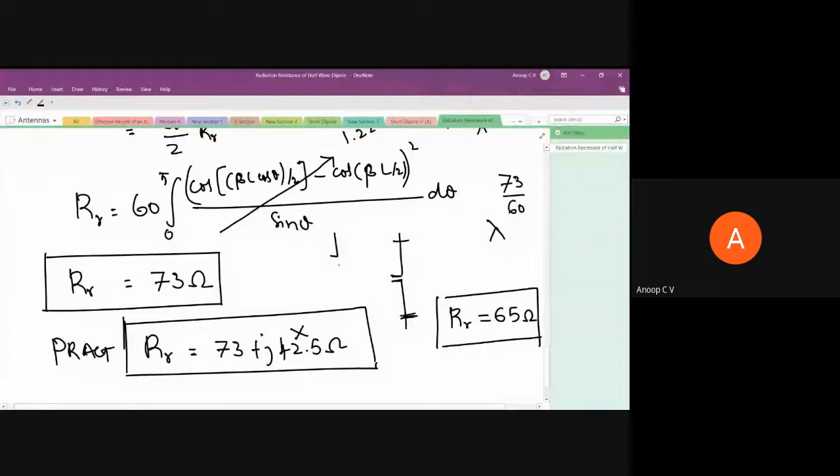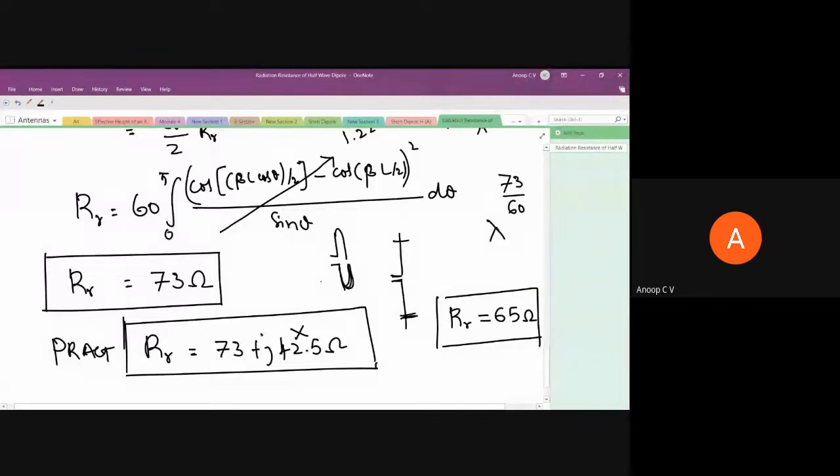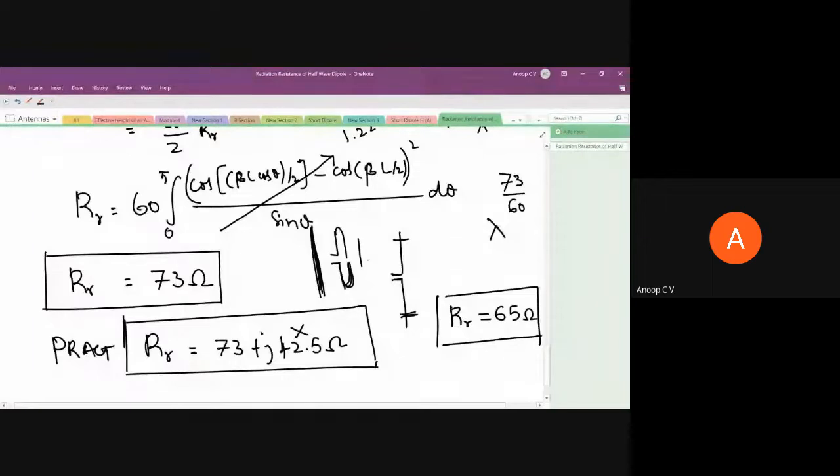In that you might have seen an antenna like this. This is called a folded dipole antenna. We can have variants of this. In the Yagi-Uda antenna, if you remember, there are longer elements towards one side and shorter elements towards the other side.